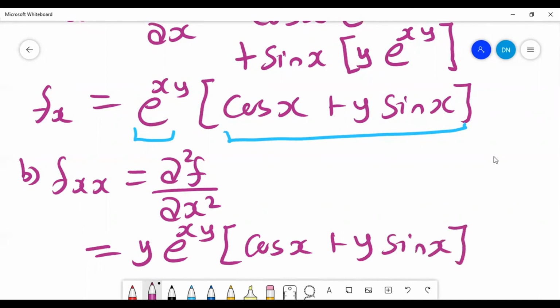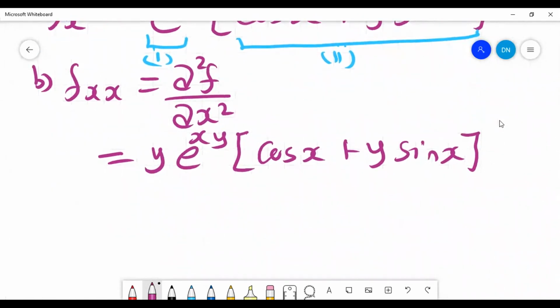So I've differentiated the first part because I've said I have two parts, part 1 and part 2. So now I've differentiated e raised to power xy with respect to x. So I got y, then plus everything. That is the first part of my solution.